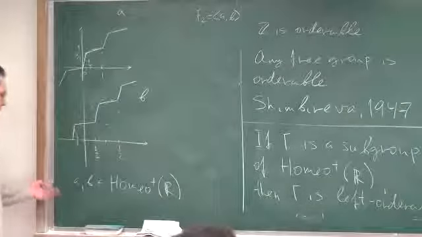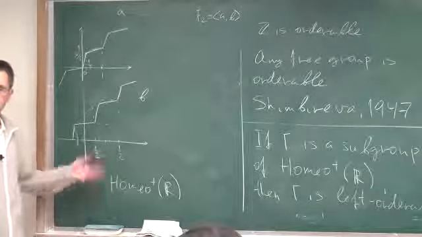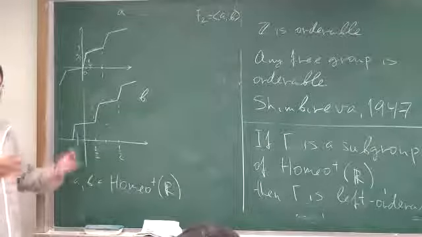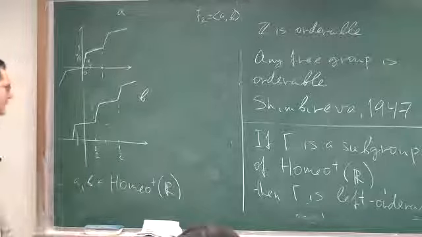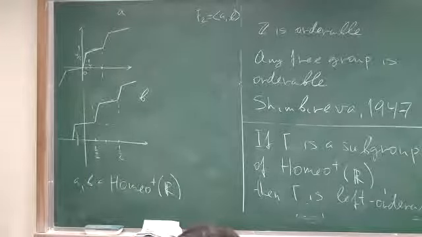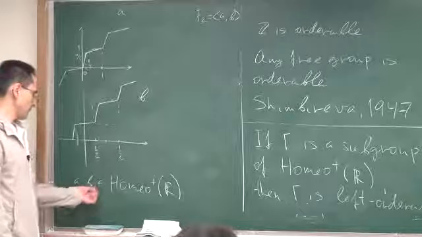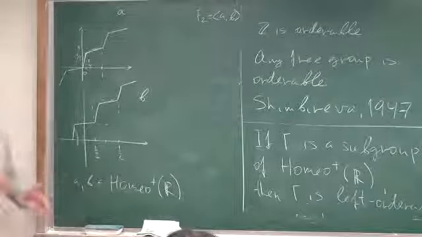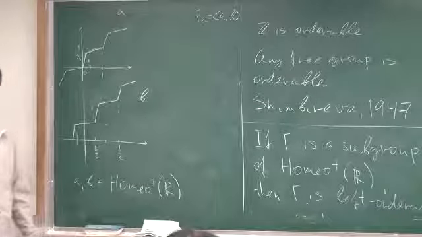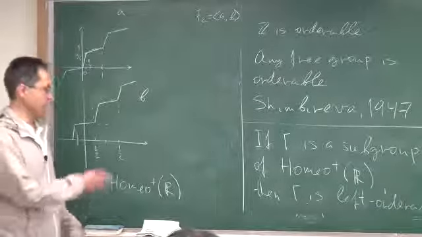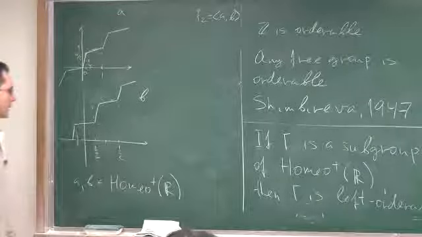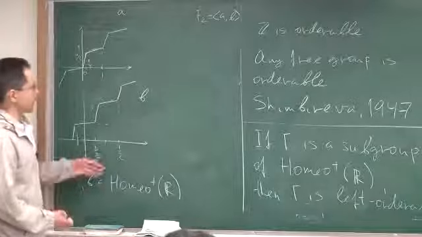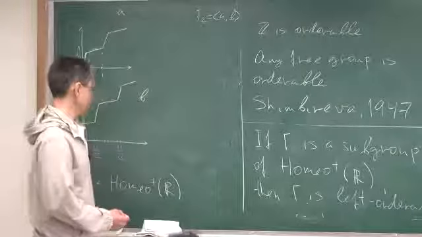Consider the group generated by A and B within this group, all possible compositions of A, B, and their inverses. It turns out that there are no relations, meaning that any word in A, B, and their inverses will give a different homeomorphism. So it's going to be an injective map. There is something to check there, and you use the ping-pong lemma to check that the embedding is injective.